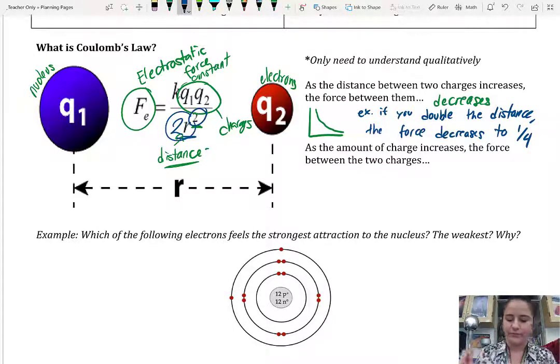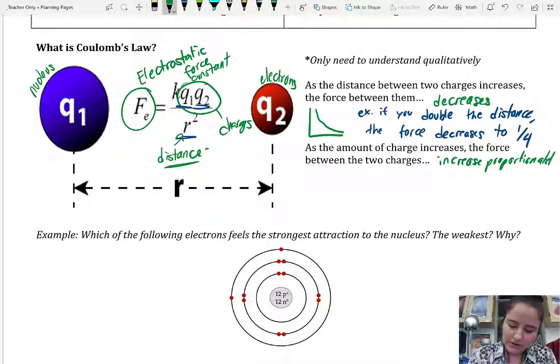Where if the amount of charge increases, okay, on one or both of them, then the force between the two charges increases proportionately, okay? This is a straight linear or proportionate relationship. Okay, this one was the force with distance. Now if we do the force with charge, it would just be a straight line.